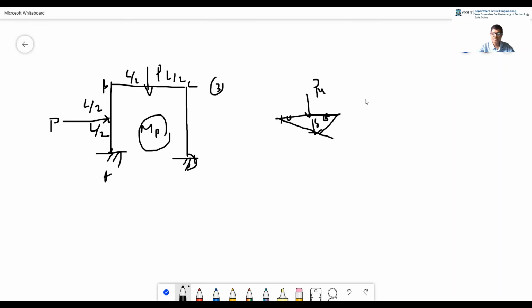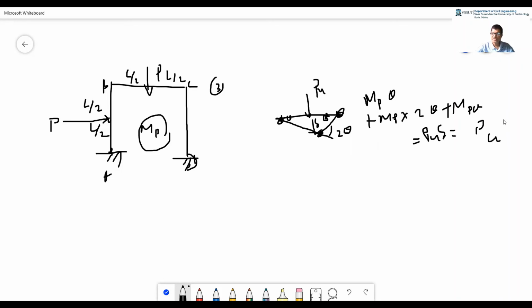So what will we find out? MP into theta. This is 2 theta. Here will be a hinge, here will be a hinge, here will be a hinge. So MP into theta, MP into 2 theta, plus MP into theta is equal to P into delta. Delta is equal to L by 2 into theta. So Pu into L by 2 into theta, and theta will cancel.